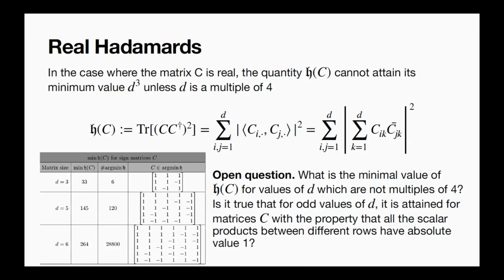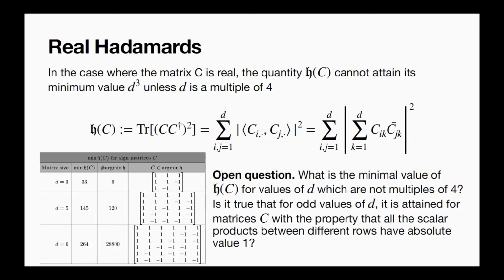The question is now what happens when I ask that my gates have real entries. So this corresponds to C being a real matrix. So I'm now thinking about real Hadamard matrices. And I try to minimize this function for dimensions which are not multiples of 4.